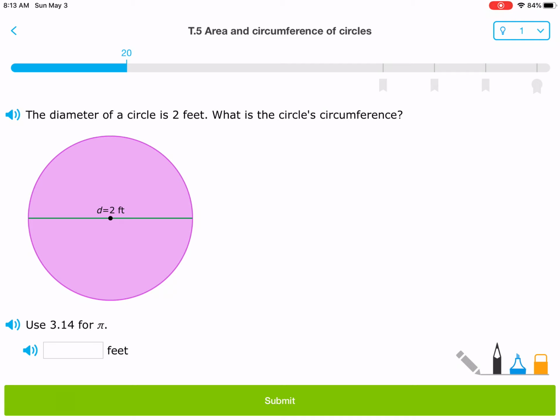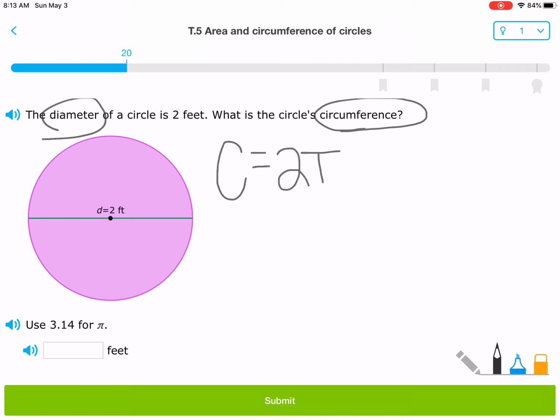The diameter of the circle is 2 feet. What is the circumference? So I would highly recommend that you do this in the app so that you can circle what it's asking for and circle what it gives you. If you remember from the formula sheet, the circumference equals 2 times pi times the radius. And it's giving us the diameter.